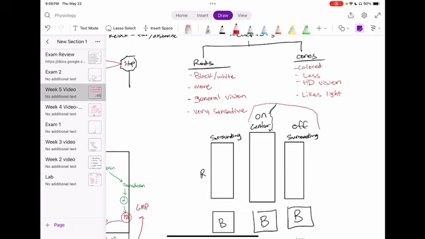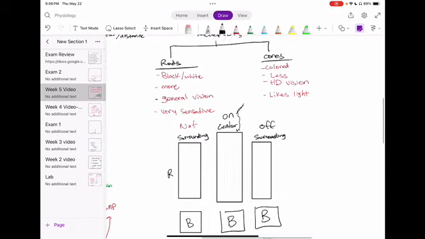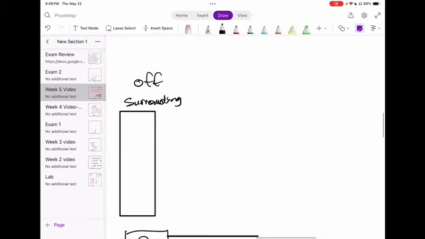So this part gets light, and this does not. And we kind of have a rule we follow here. And it's backwards of what you'd think.